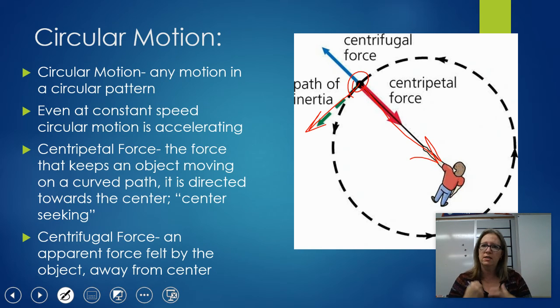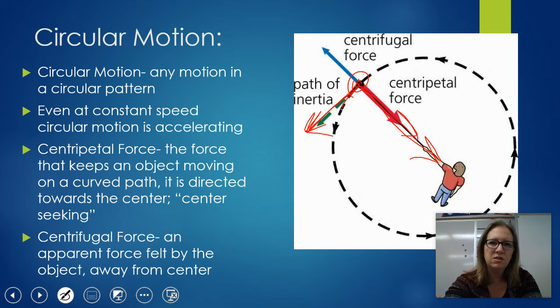That pull is the centripetal force. That is an actual force that's holding something in that circular pattern. Centripetal means center seeking, okay? So because it wants to go straight, but it's being pulled towards the center, it kind of splits the difference. And it's happening continually, okay? This is what keeps our planet in orbit around the sun, is a centripetal force.